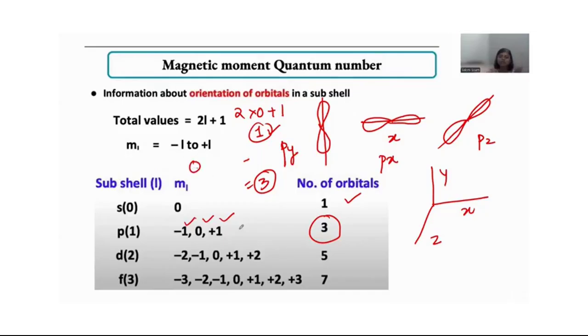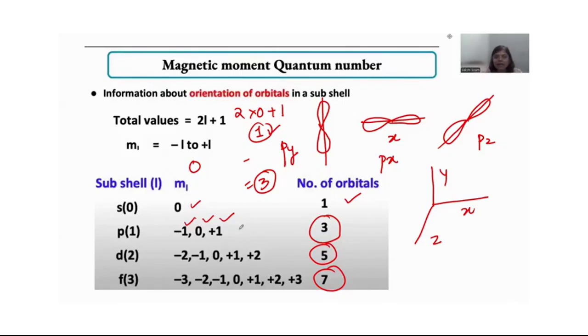So the number of orbitals is just 1. Similarly, you can calculate for d and f. The d orbital has 5 different orientations, and f orbitals have 7, right? So this is how we calculate the magnetic quantum number, that is from minus l to plus l.